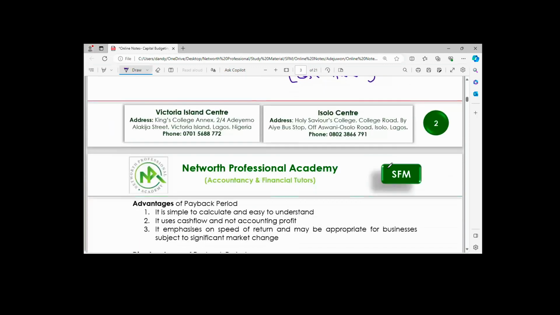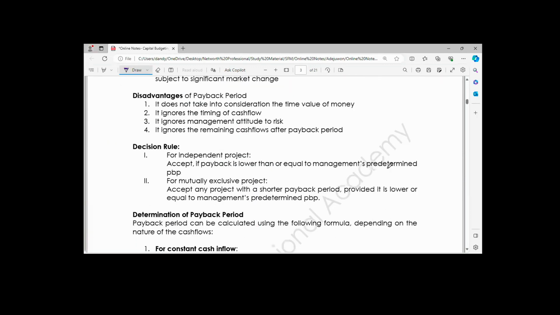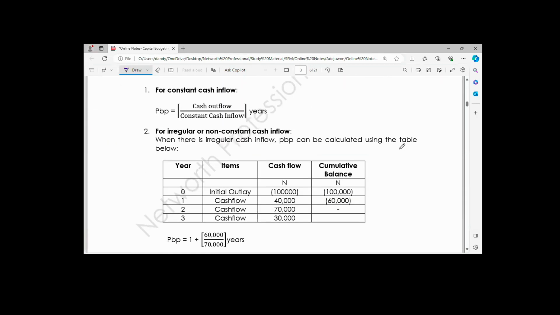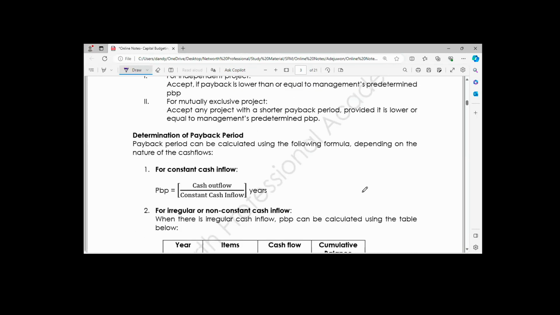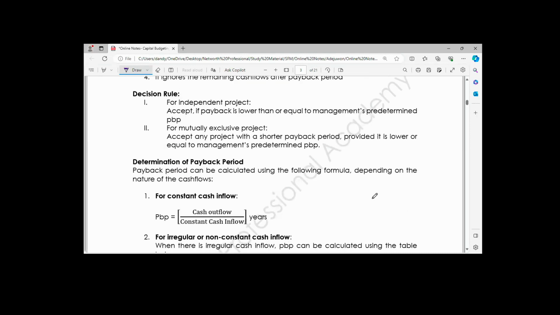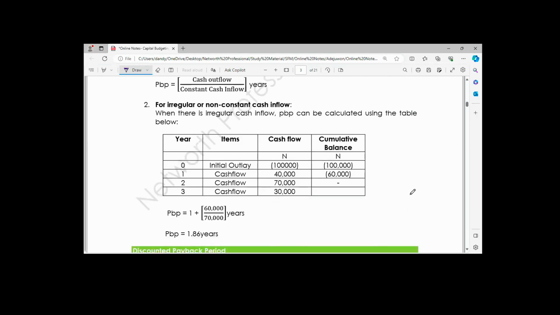But where you have irregular cash inflows, you cannot use the formula. Rather, you are going to use the tabular method. Say, for example, in this table, you can see that the initial outlay is 100,000 naira.